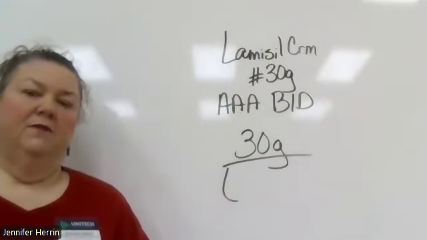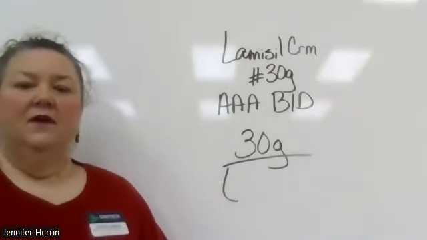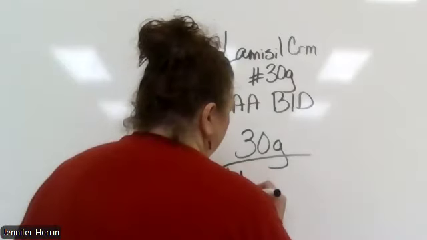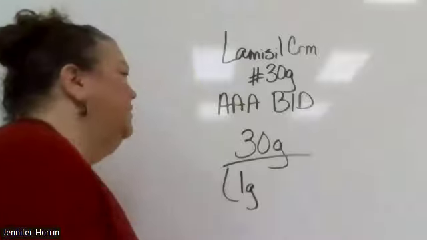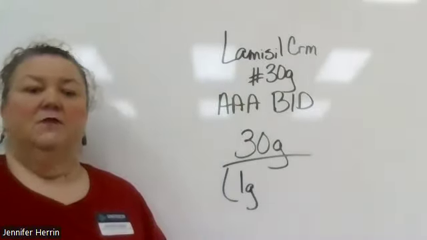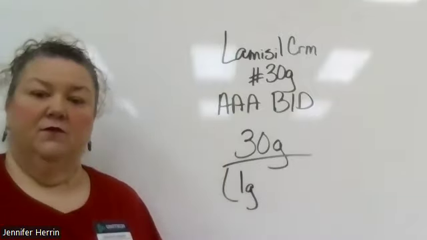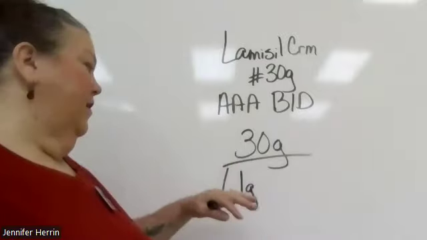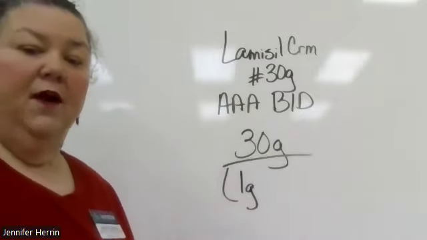When it comes to creams, if it is not specified, we are to presume that they are only using 1 gram per dose. Sometimes the doctors will tell them, apply 5 grams, apply 3 grams. In those cases, we will use what the doctor provides. But when the doctor just says something like apply to affected area, we're going to presume it is 1 gram.